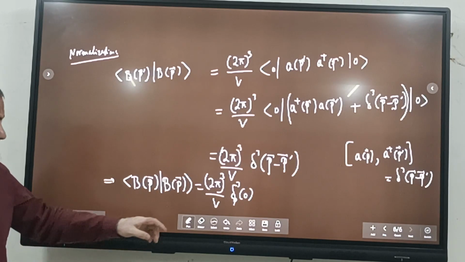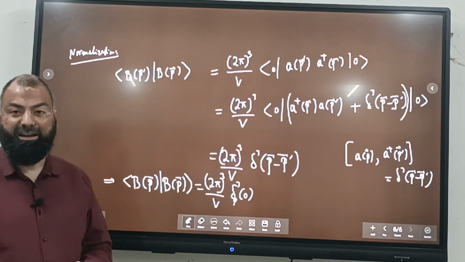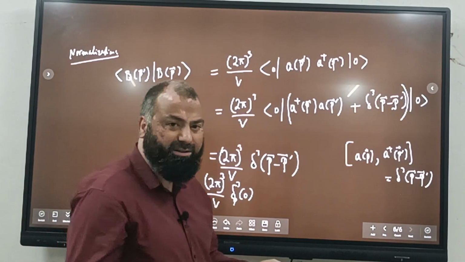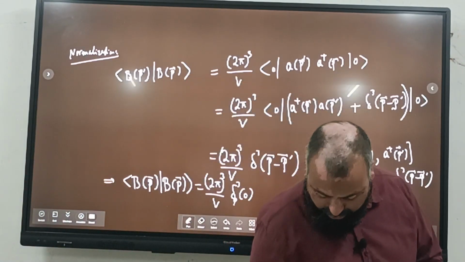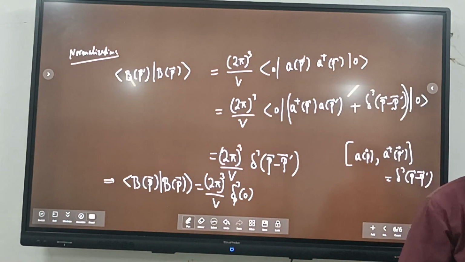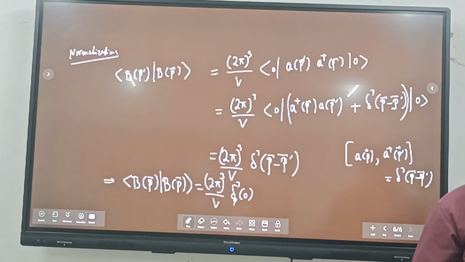What is this delta 3 of 0? It's a divergent quantity, an infinite quantity. So that means you are not able to figure out the norm of the very states we have defined. The reason is that these are free particle states, and it is true for any kind of theory, whether classical or quantum, that free particle plane waves are non-normalizable. You cannot normalize plane waves.